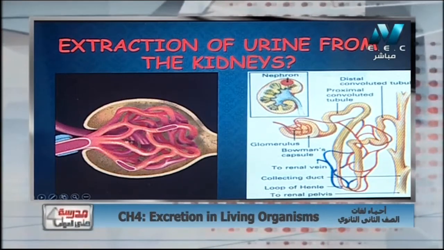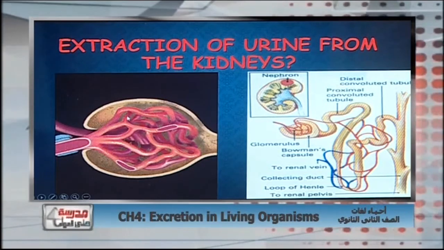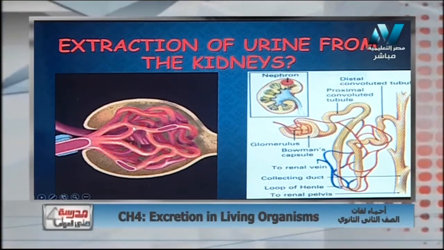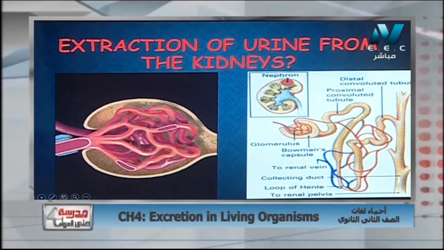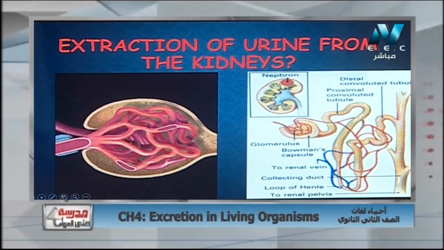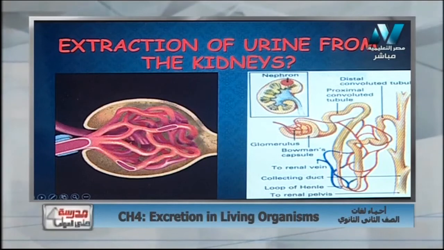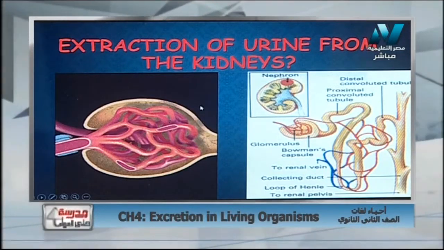All of these substances, or even poisonous substances, are present in the plasma. So this plasma is filtered out into Bowman's capsule, and this liquid goes into the tubules of the kidney.